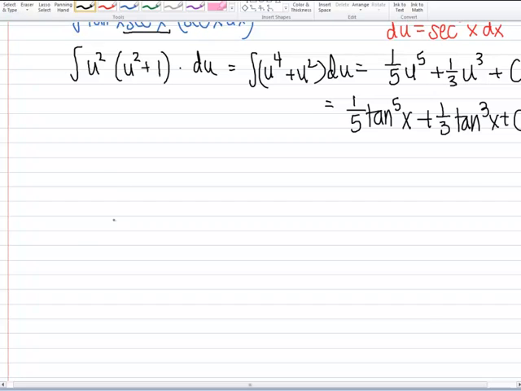Alright, we've got two more to go. This time we're going to do one with just a tangent: the integral of tangent cubed pi x dx.